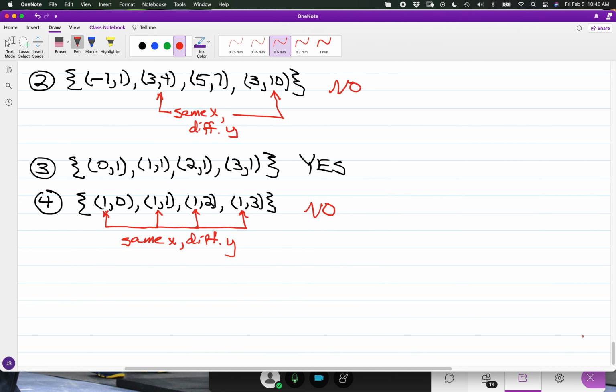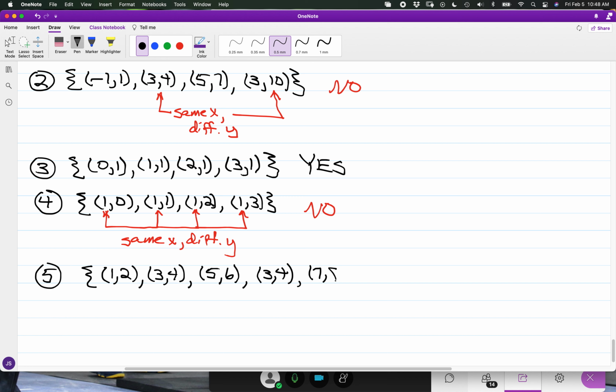Now let's say we have, as a little bit of a tiebreaker for whether we have a function or not, 1, 2, 3, 4, 5, 6, 3, 4, and 7, 8.